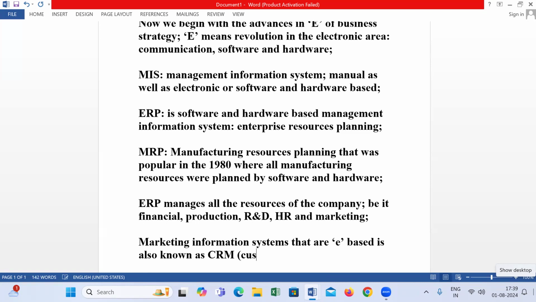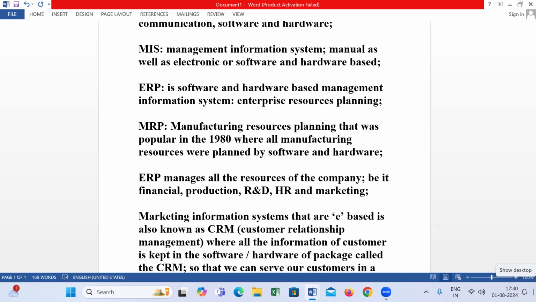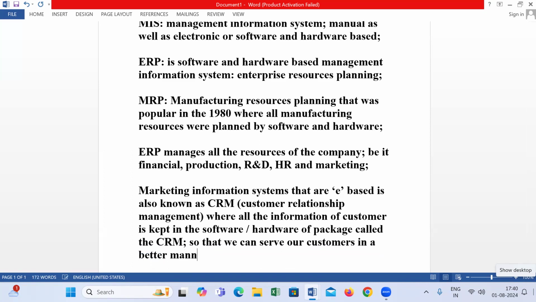It is referred to as customer relationship management, where all the information of the customer is kept in a software and hardware package called CRM, so that we can serve our customers in a better manner. So we'll be studying about CRM also.